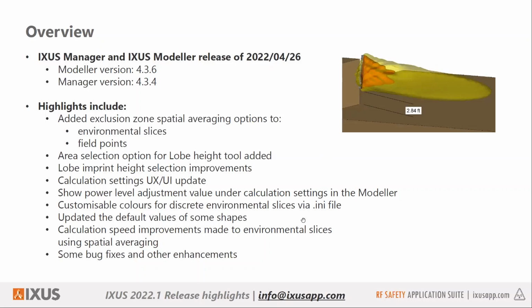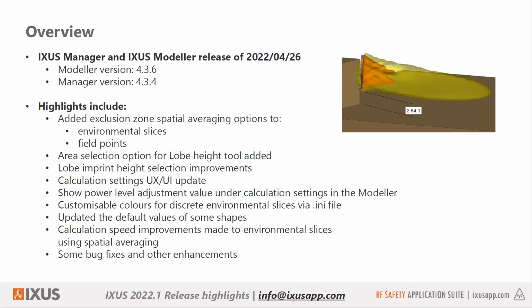Okay, so just to go through the list very quickly of all the things that we focused on for this quarter's release. We looked a bit at, or extended, our concept of spatial averaging. As most of you should know, the spatial averaging options have been allowed for the exclusion zone. This is this 3D plume.